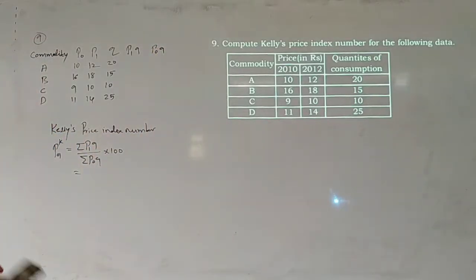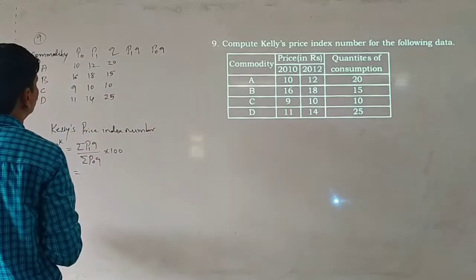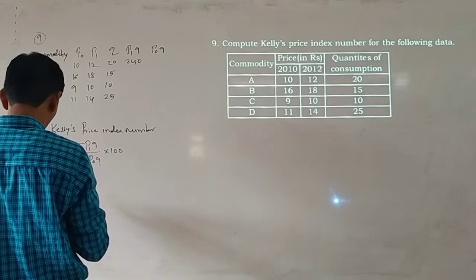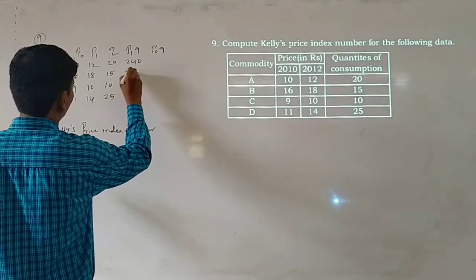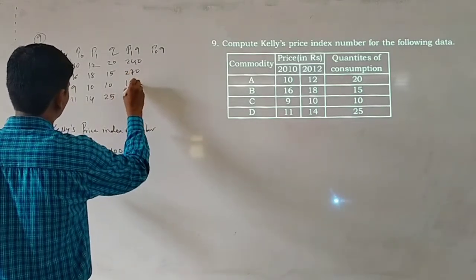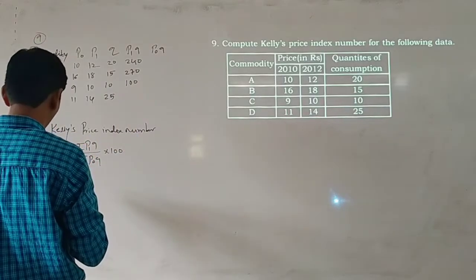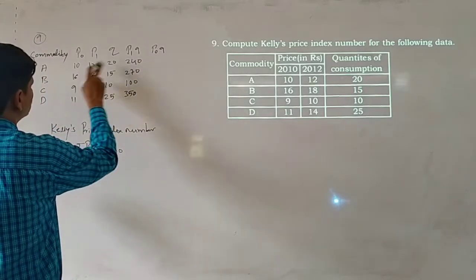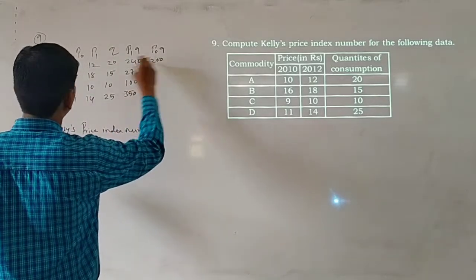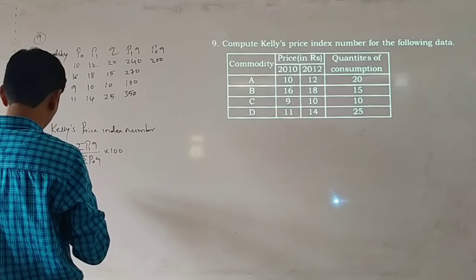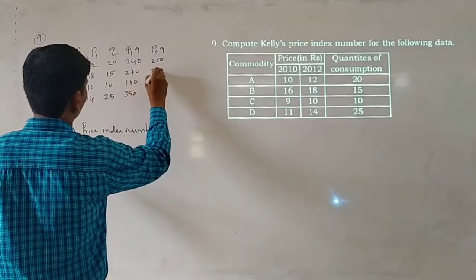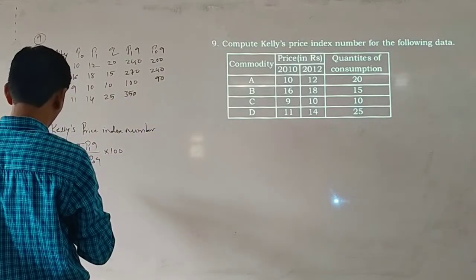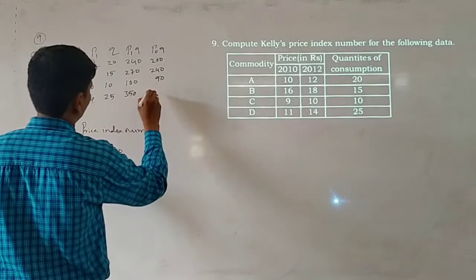Multiply P1 into Q, that is 12 into 20 is 240, 18 into 15 is 270, 10 into 10 is 100, 14 into 25 is 350. Next P0 into Q, that is 10 into 20 is 200, 16 into 15 is 240, 9 into 10 is 90, and last 11 into 25 is 275.